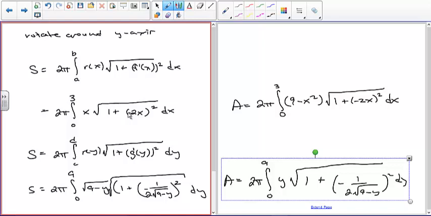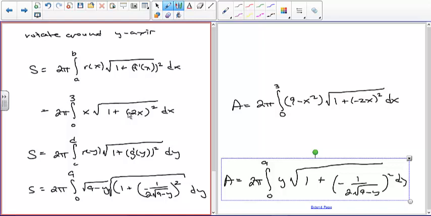Likewise, down here, when we rotate around the x-axis, the radius was y. Y equals 9 minus x squared, but the function we use here is the boundary function: 9 minus y equals 9 minus x squared, solving it for x as a function of y, and then taking the derivative.